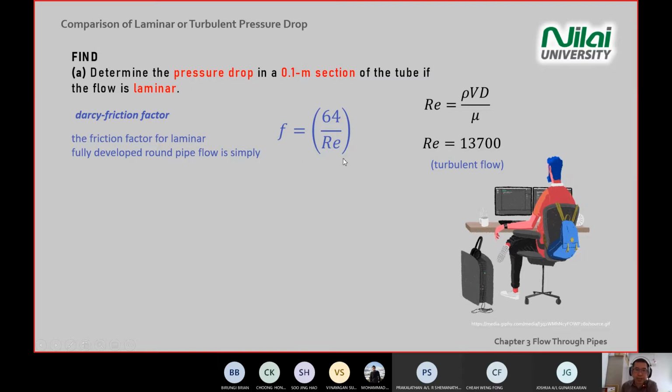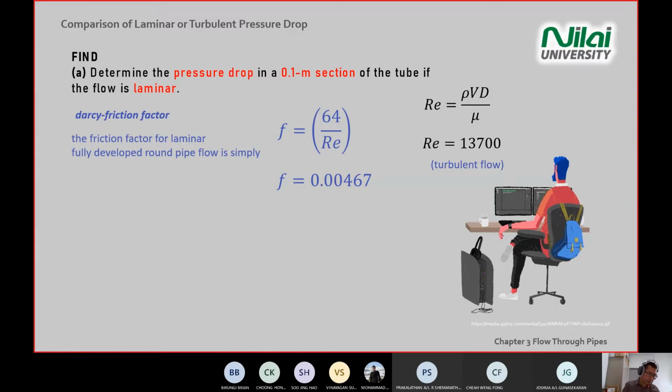So we have friction factor equal to 64 divided by Reynolds number. You use your calculator, 64 divided by 13700. You'll get around 0.00467, right?